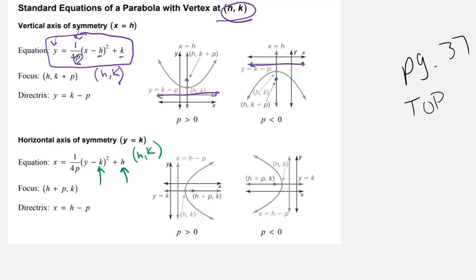That's because k is going to go with the y value in the original function. So again, once you determine that it's left and right because it's the x-axis, then you're going to go inside and outside p, and then you should be able to graph the problem.